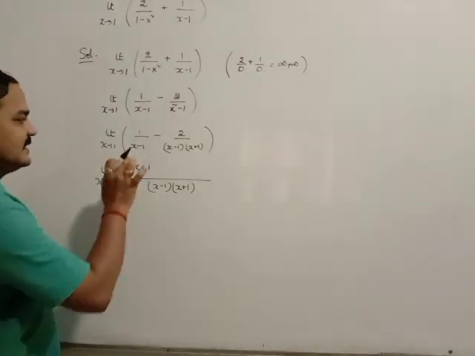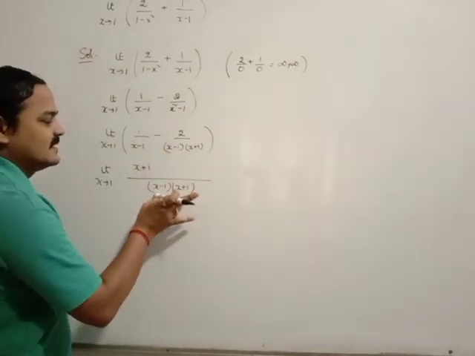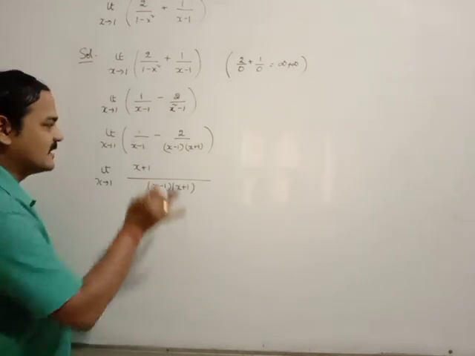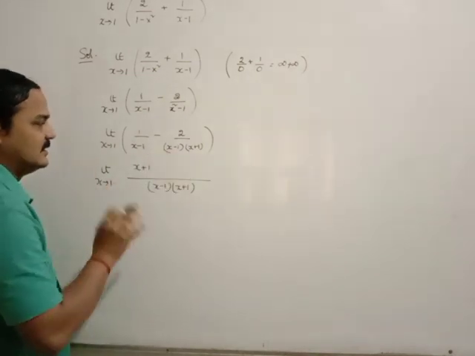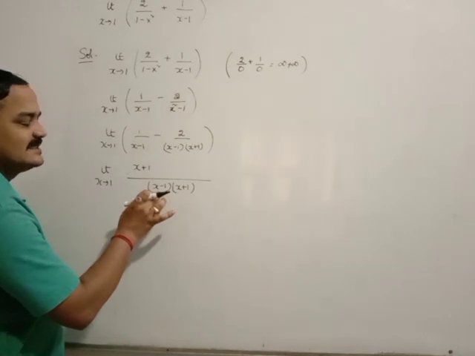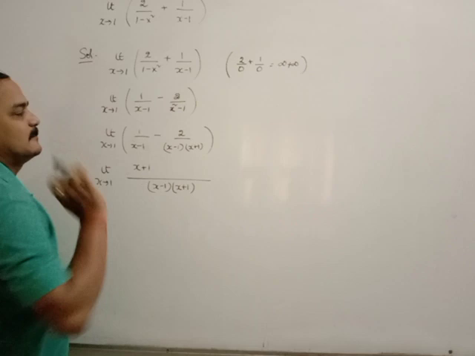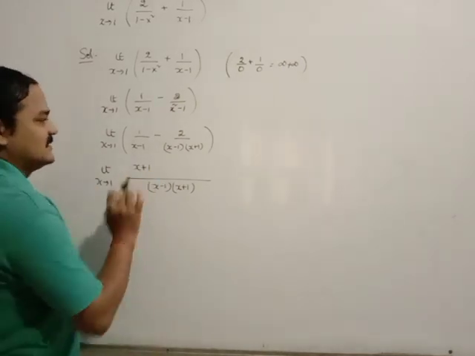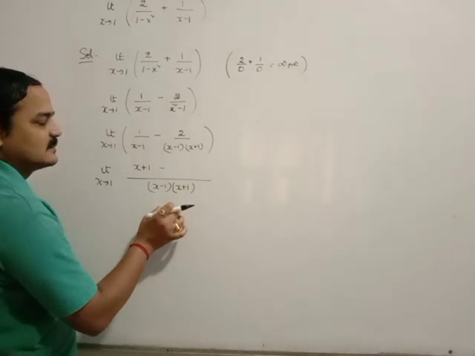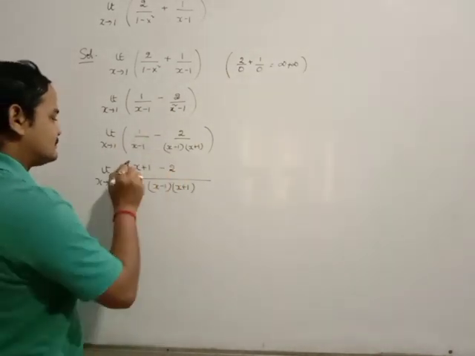Again, I repeat: the LCM is x minus 1 into x plus 1, because x minus 1 is the common factor. So x minus 1 is cancelled, the remaining term is x plus 1, multiplied by 1. So x plus 1 minus, and the second term becomes 1 into 2, which is 2.